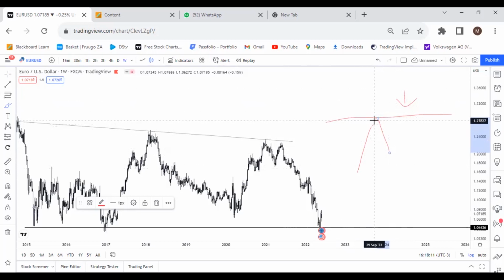So you waited for it to react. You didn't initially predict and execute. You waited for the price to do what it was supposed to do, and you wait for the correction. So remember, after every impulse, there's a correction. So you wait for the correction and you trade the correction. Remember, after every impulse, there's a correction followed by an impulse.